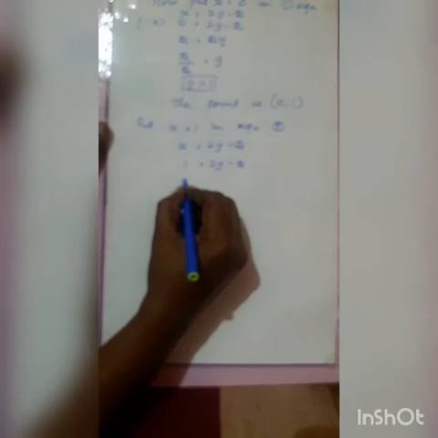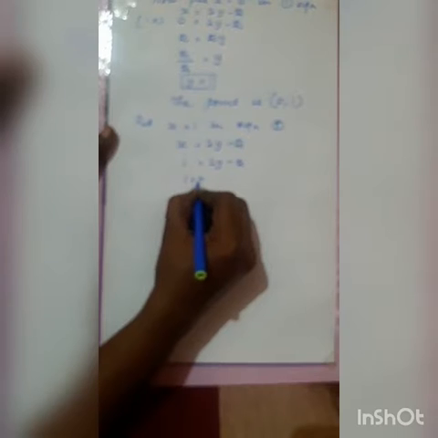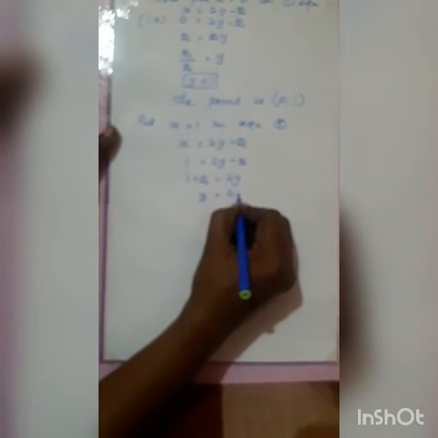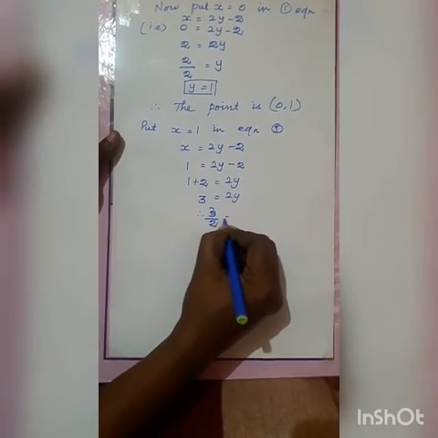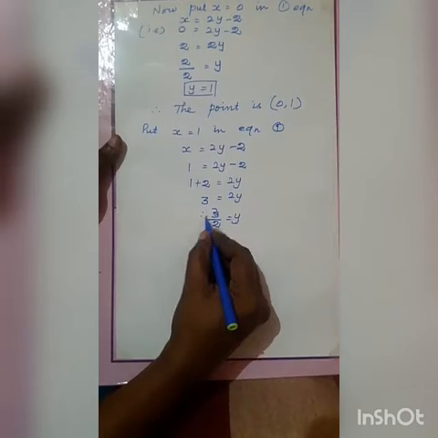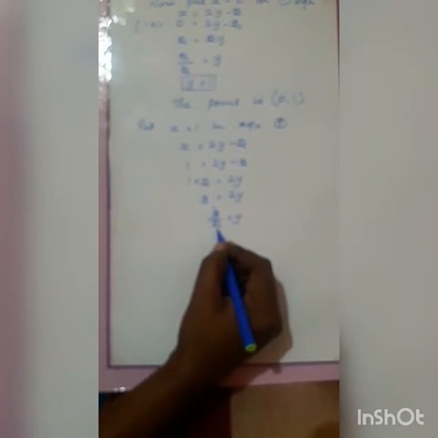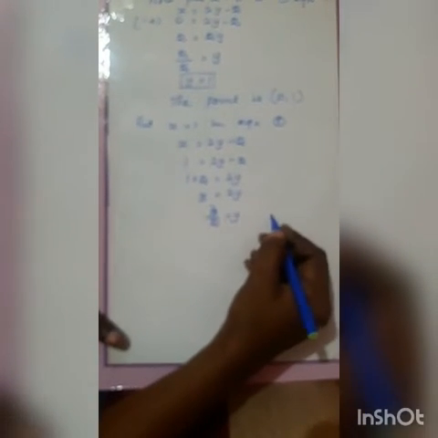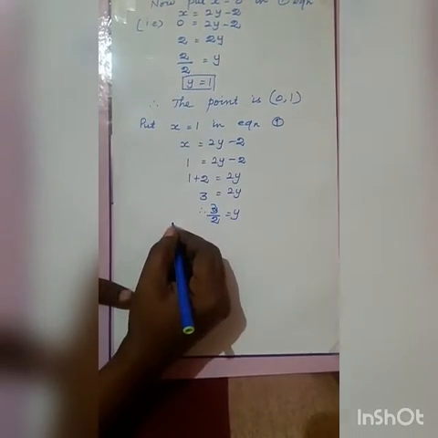Then minus 2 becomes plus 2. 1 plus 2 is equal to 2y. 3 is equal to 2y. Therefore, y is 3 by 2. Here we get a fraction. Therefore, it is a little hard to plot the graph. So, you have to choose another value.